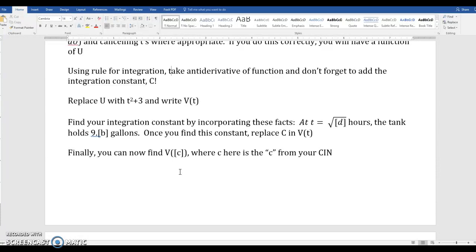So again, there's a lot going on here, and I hope I offered more help than harm by offering these steps. I don't want to overstep my bounds in terms of what I should say, but if you follow these steps, I think that is a very methodical approach. They're also the necessary steps to correctly get the antiderivative, solve for the integration constant, and then finally answer the question that you're being asked here.